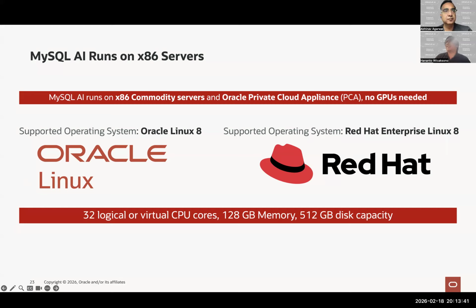Last but not least, I invite everyone to download MySQL AI today, run it on your Linux machines, and get our hands dirty running AI and ML, empowering our OLTP applications running on MySQL database with AI and ML workloads. Back to you, Abhinav.